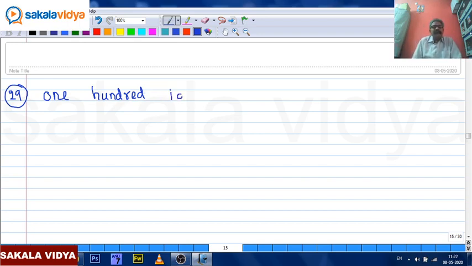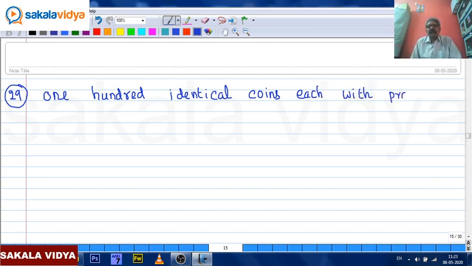100 identical coins, each with probability p of showing heads, are tossed.